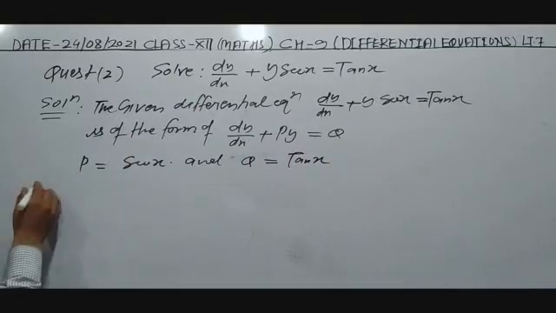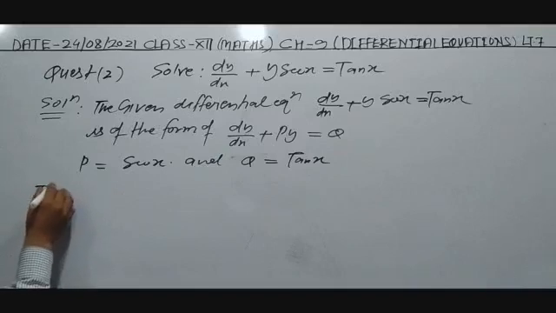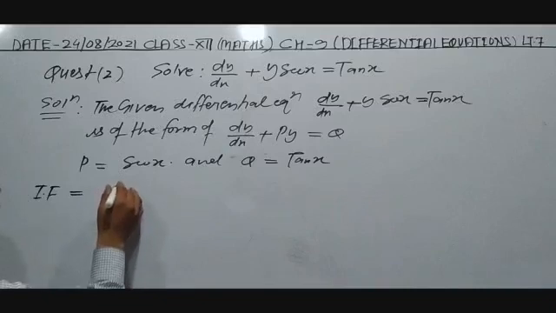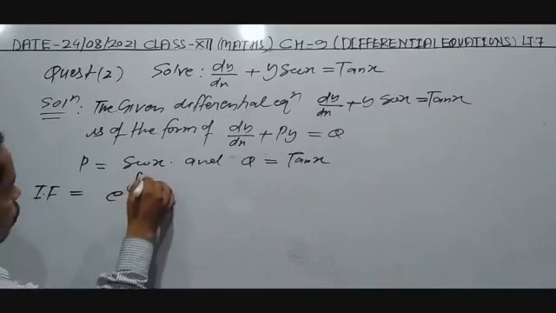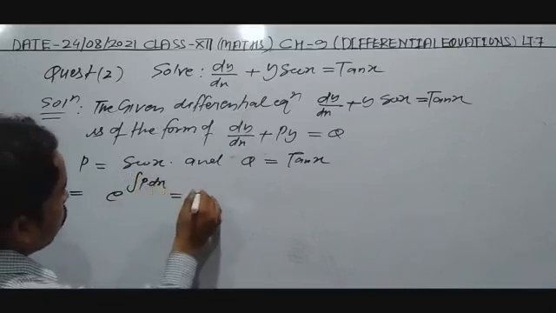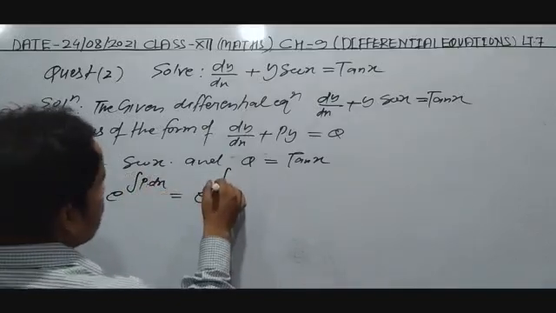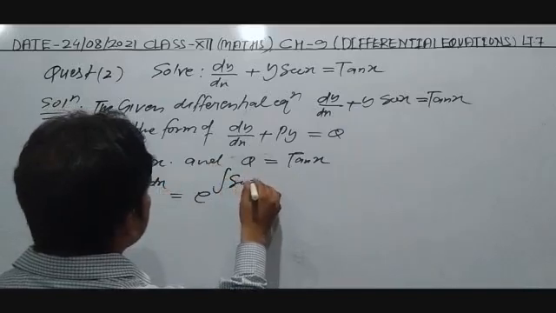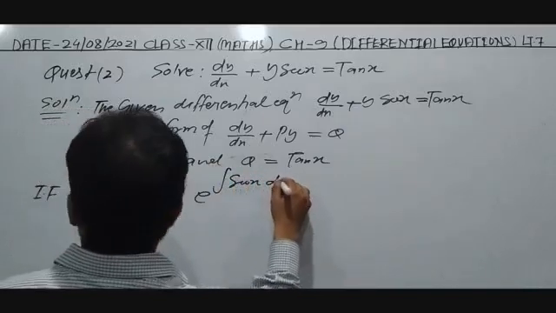Next step, what we have to solve? We have to find the integrating factor. So IF is equal to e to the power integration of p dx, and the p value is sec x, and now dx.